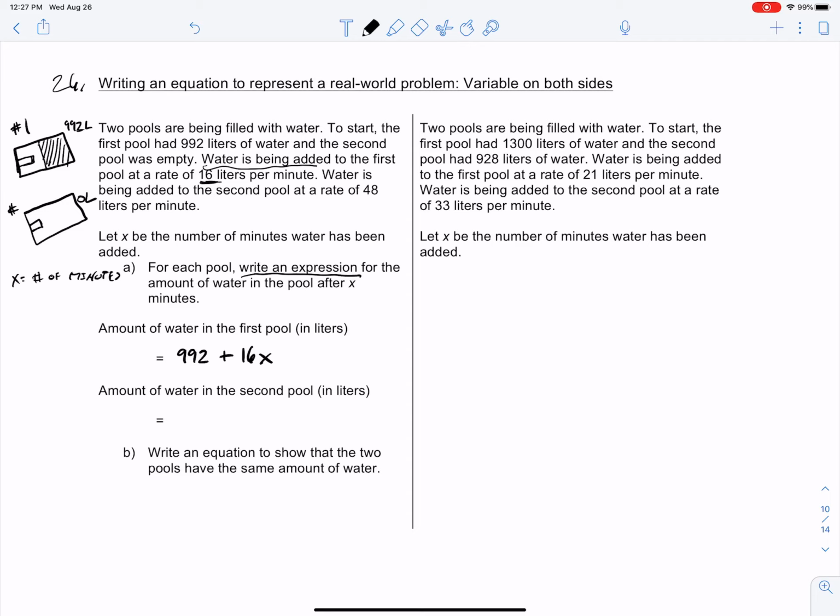X. And what this will do is allow us to figure out, if we were to make an equation out of this by knowing the total amount of water that this pool held, how long it would take to fill up the rest of the pool.